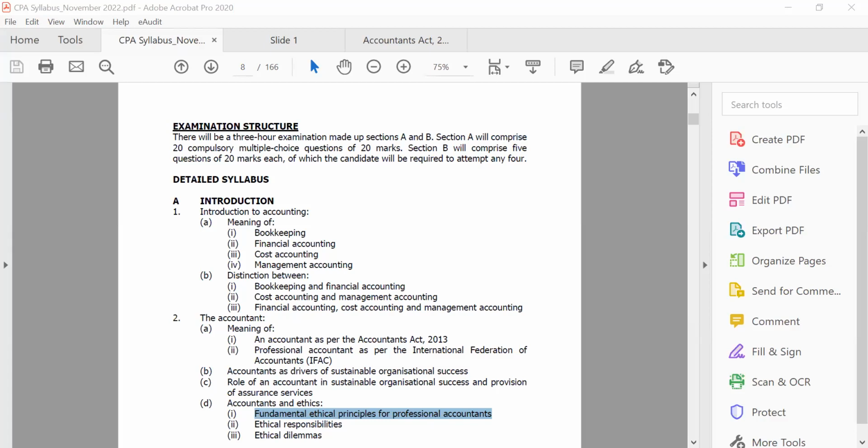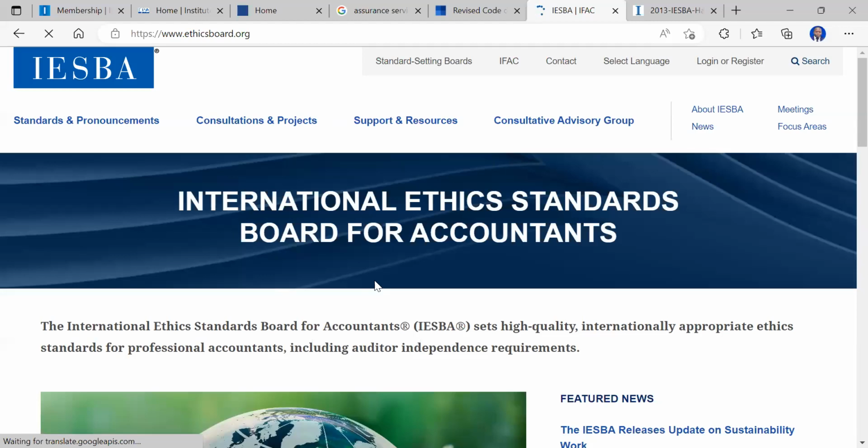And what you can do, you can always find this information online, interest yourself as an accountant, you'll be able to interface with it as we proceed. So this body is called the International Ethics Standards Board for Accountants.